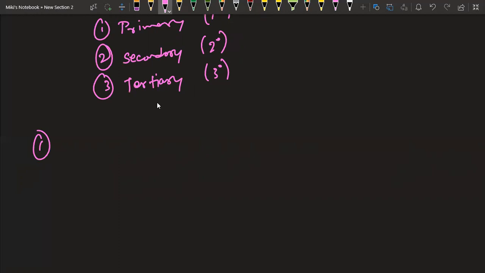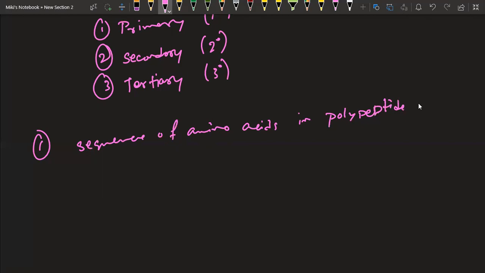So primary structure is just the normal sequence of amino acids in a polypeptide chain.